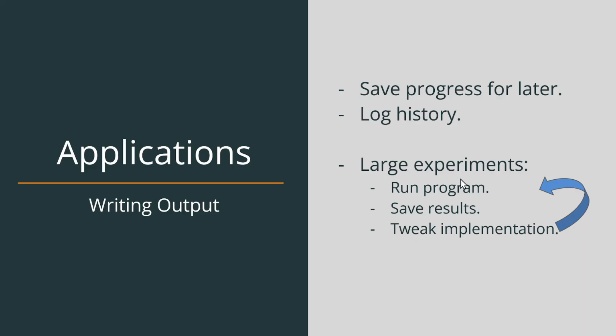It's trial and error: you run the program, you analyze the results. If the results are bad, then tweak the implementation and run it again. You loop this over and over until you find a good implementation. But finding that good implementation requires you to store all of the results, so you can look at all the results and see which implementation performed the best. So this is useful stuff, writing output.